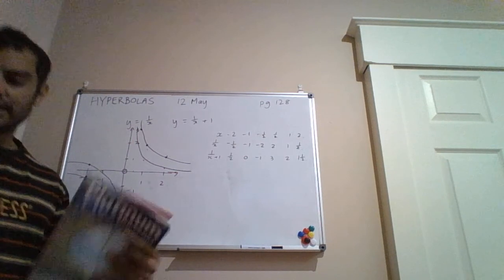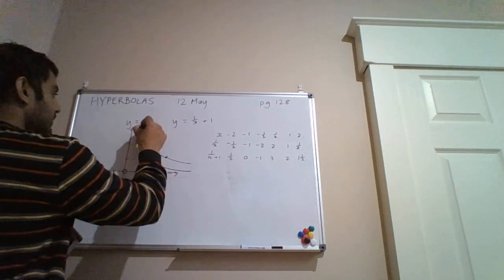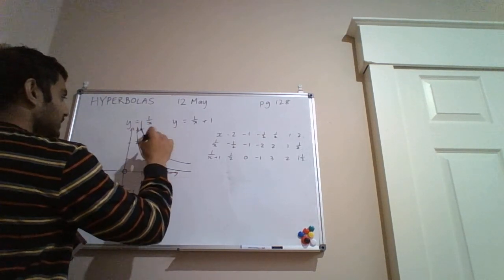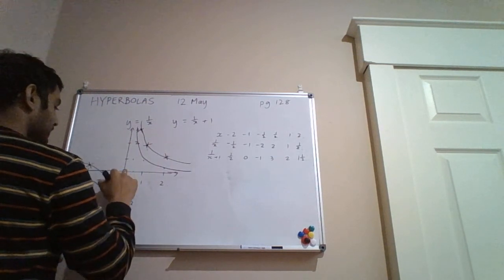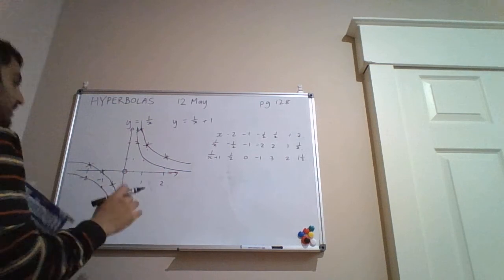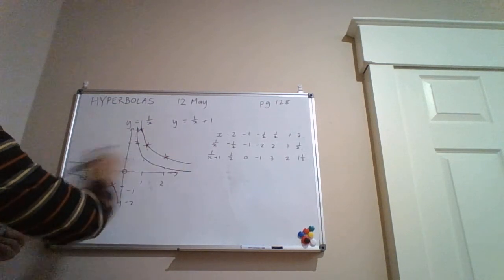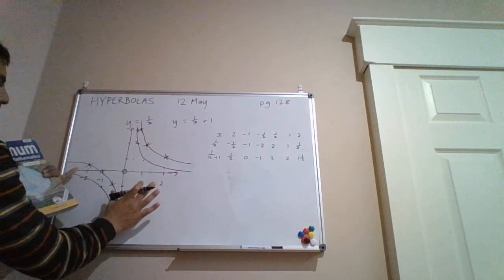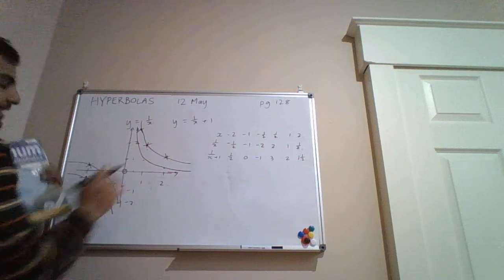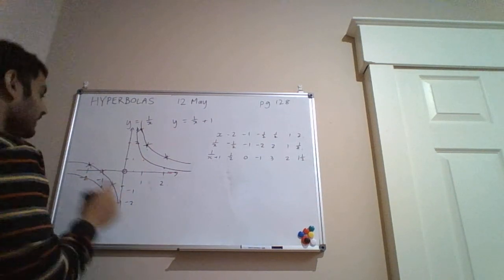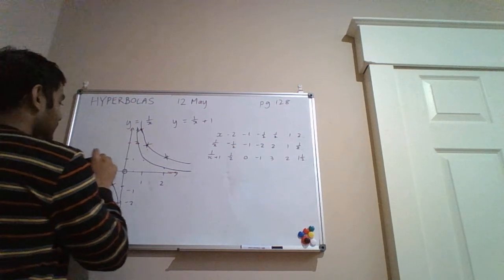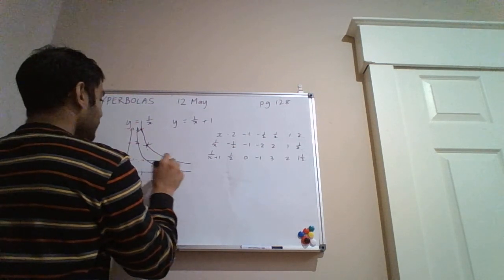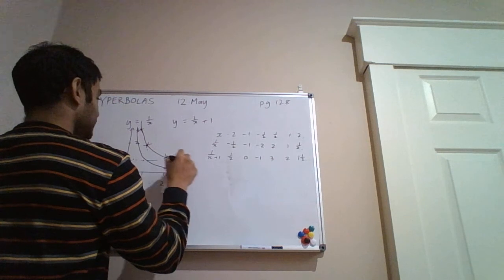Let me actually just use crosses to try and show so it's not that confusing. So our original graph is here, and the graph with the crosses, everything has moved one up, including the horizontal asymptote.